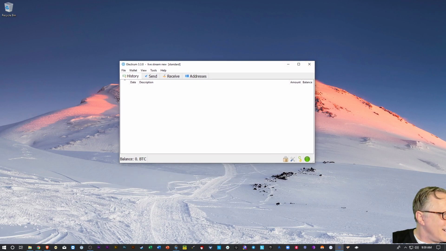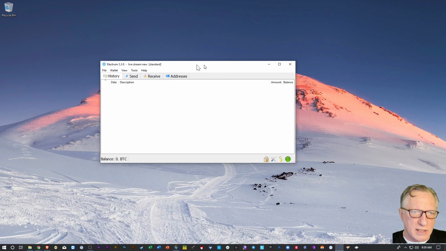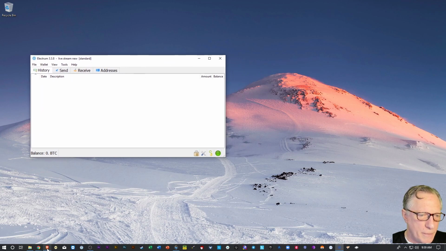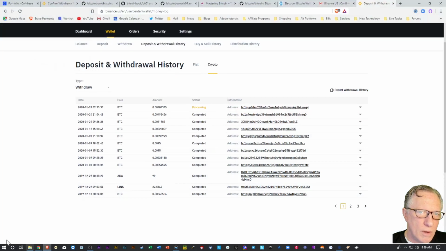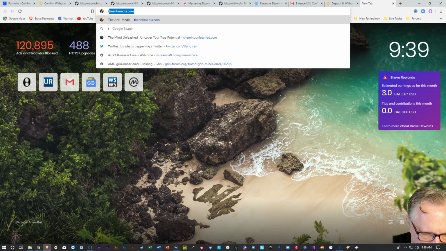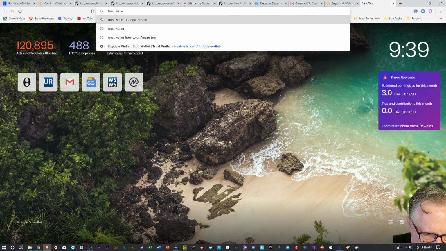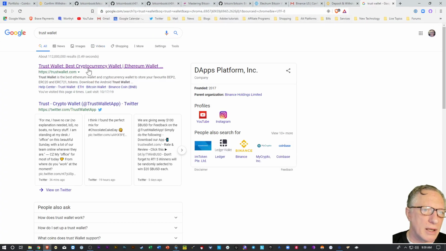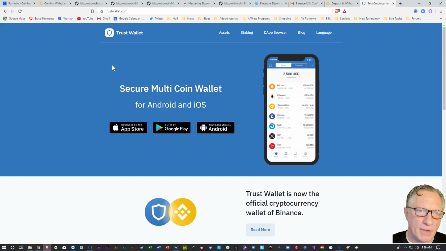All right, so someone can't log into their Trust Wallet account. If you are using the Trust Wallet, let's move this over here. I'm assuming you're talking about Trust Wallet, which is a phone-based wallet, right?